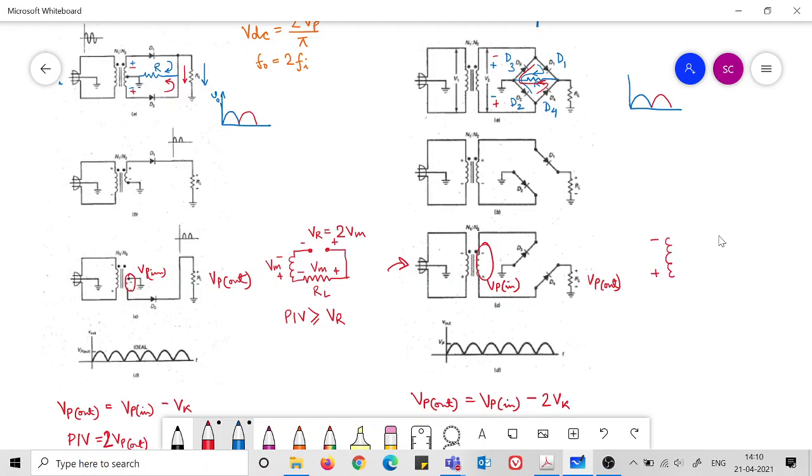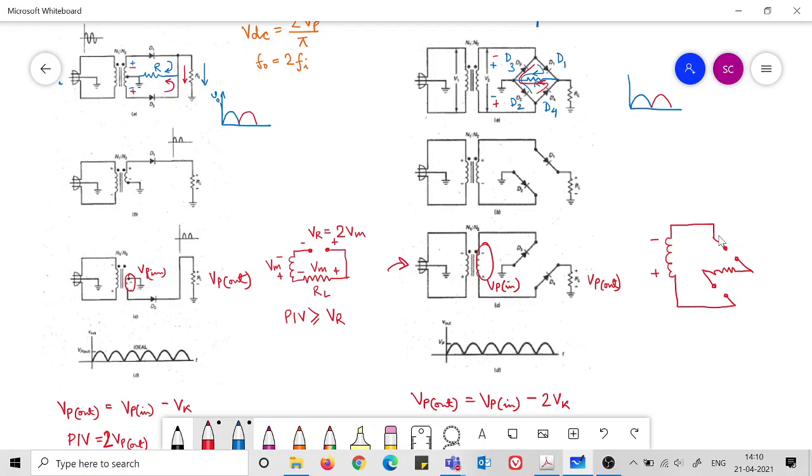So here the transformer secondary side is coming, then you will have an open circuit here. There is a diode, D1 diode is here, then you have the resistance, and then you have another diode here, and this is coming here.